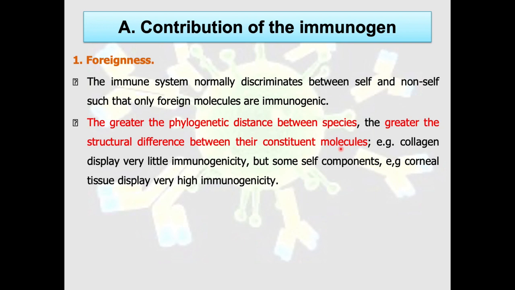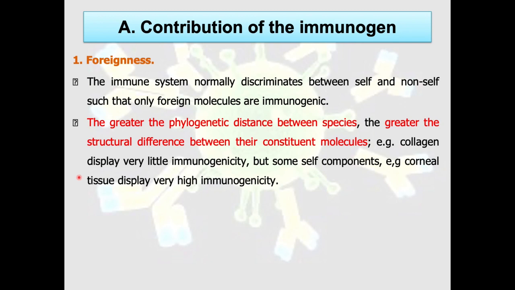So for example, collagens. Collagen displays very little immunogenicity, but some self components, for example corneal tissue, are different. Corneal tissue basically is a part of collagens, one type of collagen.